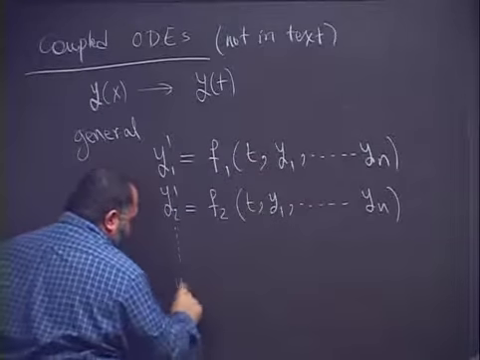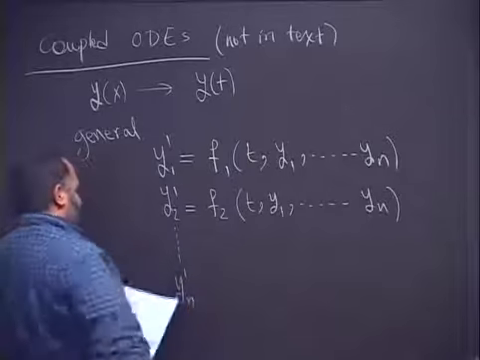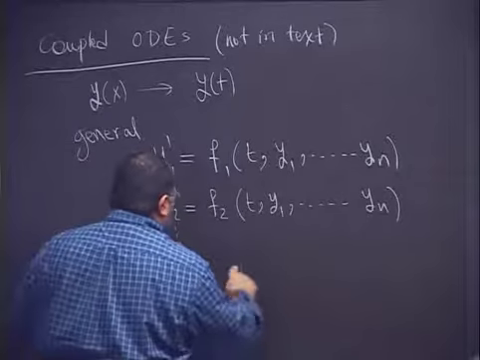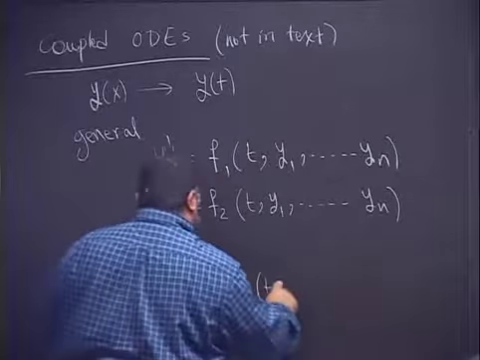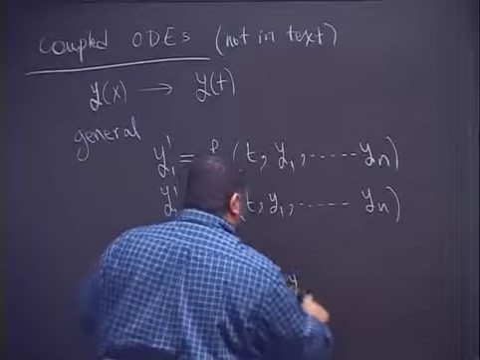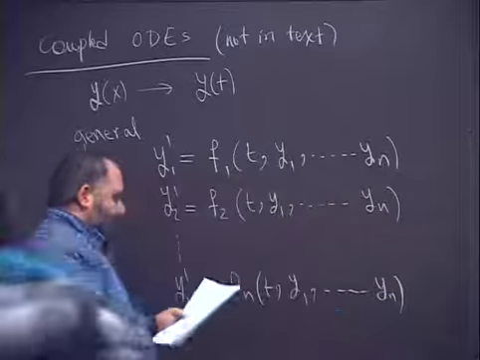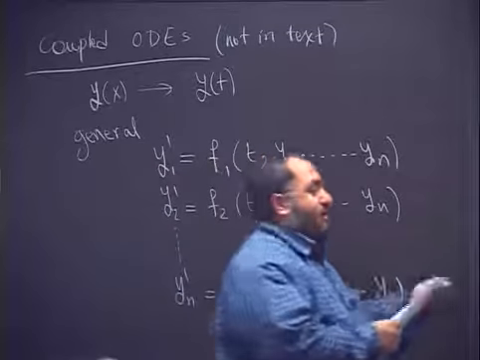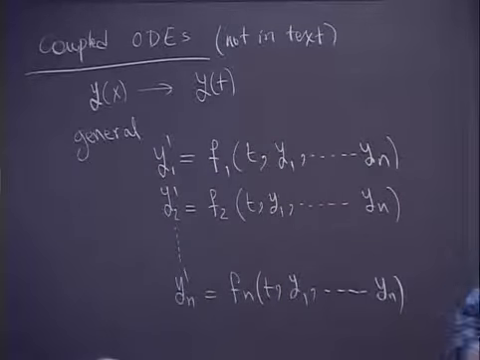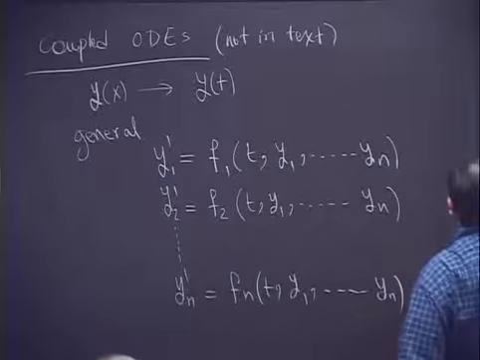Again you will have this up to yn prime, and it is equal to fn of t, y1 and again up to yn. So if we assume that our system here is linear, what do we mean by linear system?